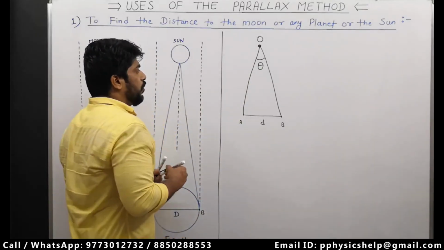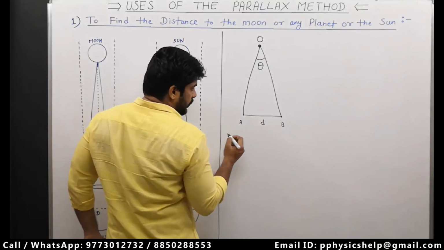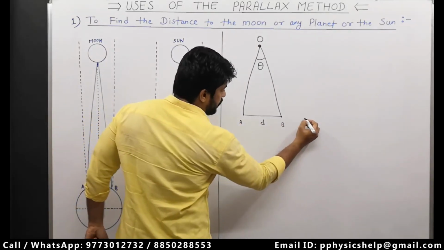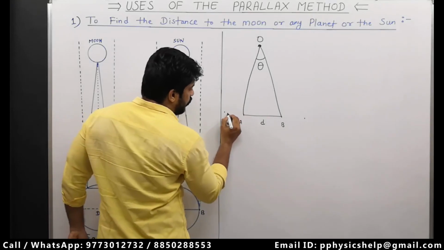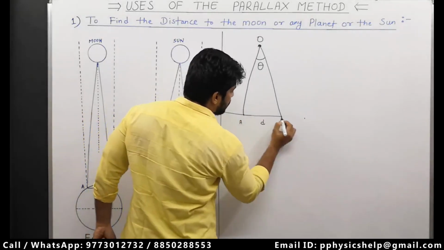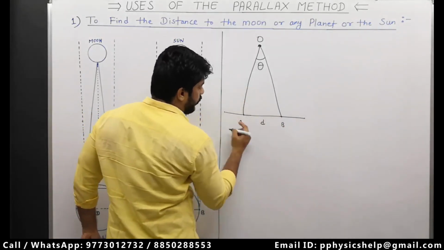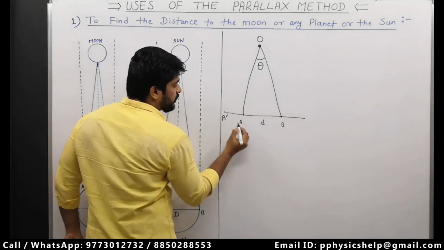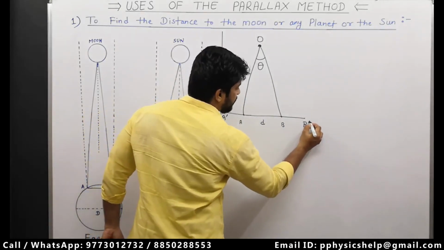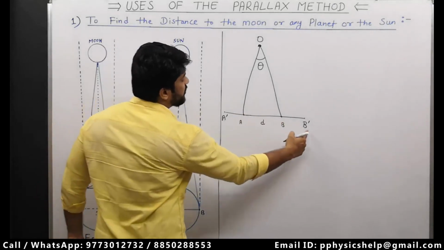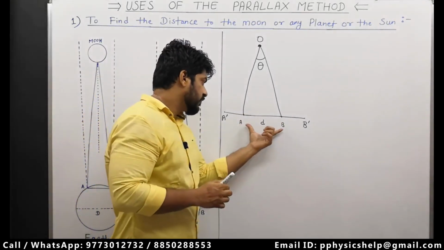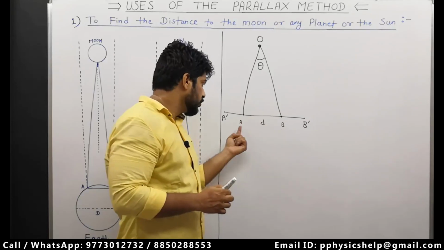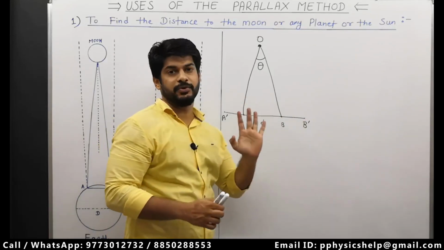Now if I choose the points A and B quite far like this, instead of these points I choose the points of observation here, let's say at A dash and B dash. Let's say we have shifted from AB to A dash and B dash, for example.